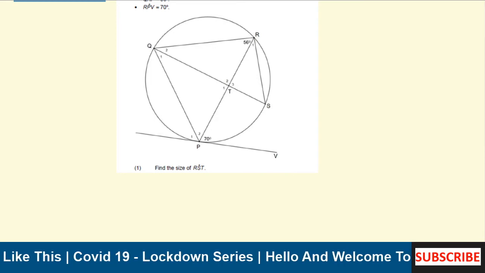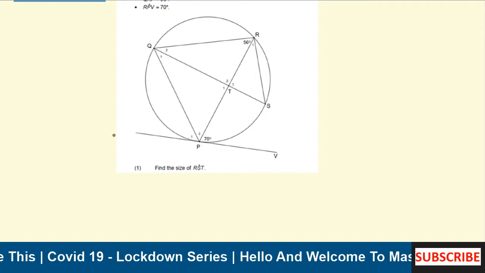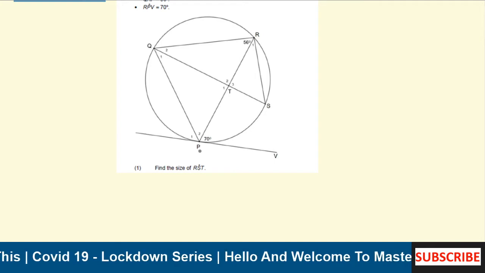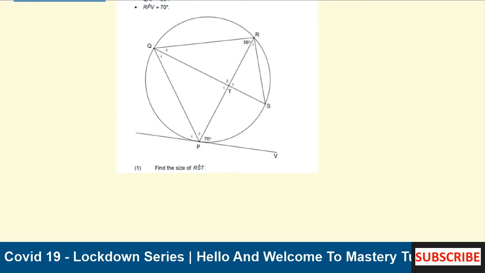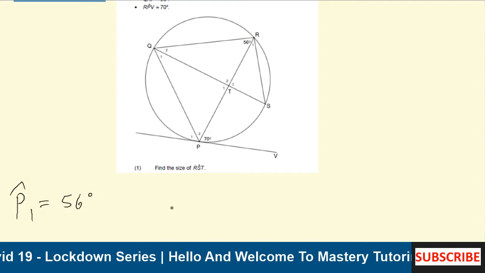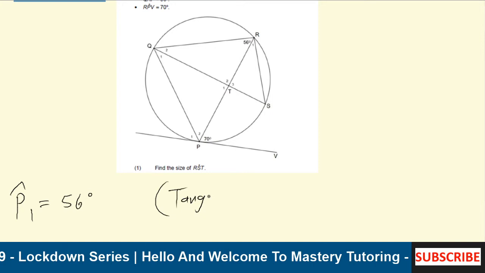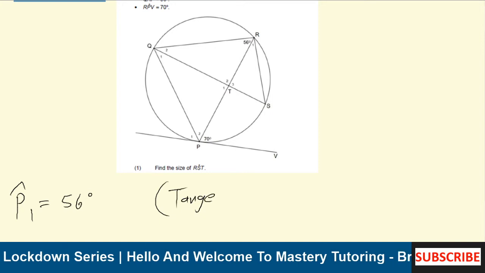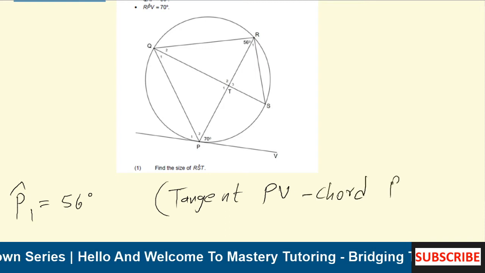So how do you go about that? On the diagram, you can see that angle P1 is equal to 56 degrees. Let me put it here: P1 equals 56 degrees. The reason is tangent PV and chord PQ.